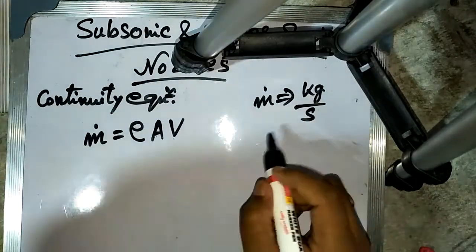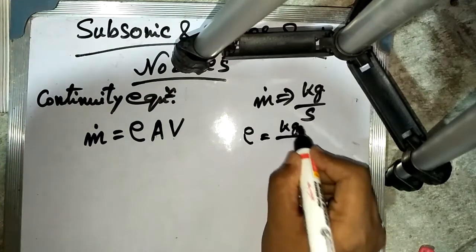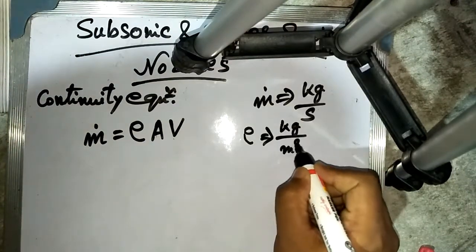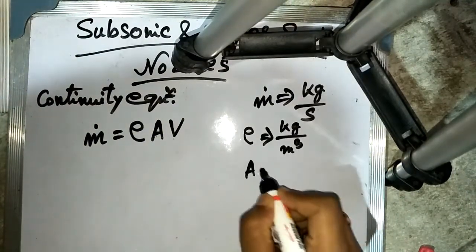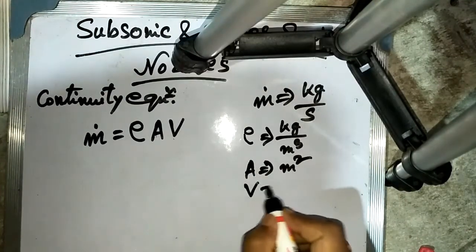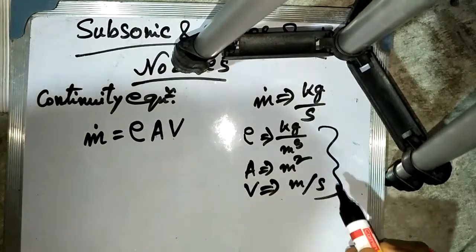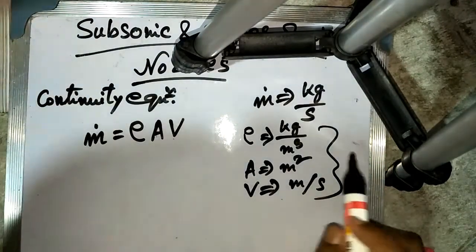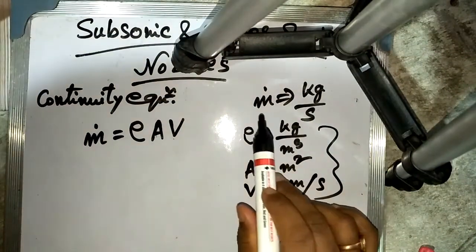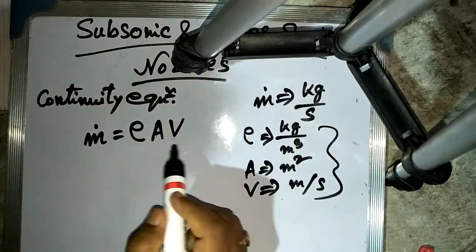The unit of density is kg per meter cube, the unit of area is meter square, and the unit of velocity, we know, is meter per second. Multiplying these three, we get the unit of mass flow rate as kg per second. So this is the continuity equation.